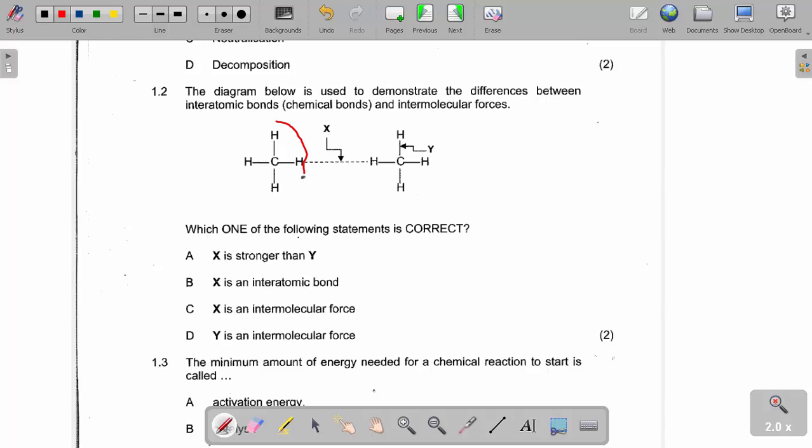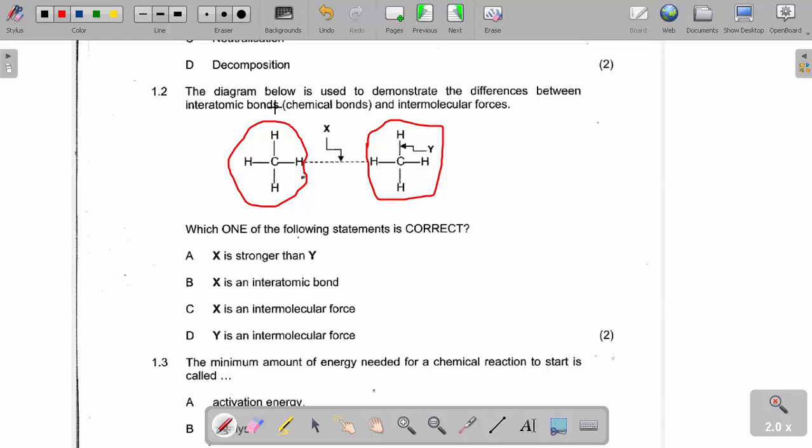This methane molecule is combined with another methane molecule, this one here which you see. The bond between the two molecules, because these are molecules, is called intermolecular force. This one which is within the same molecule, we call interatomic force. So let us check the answer now.